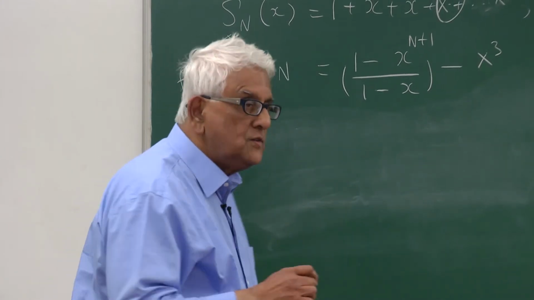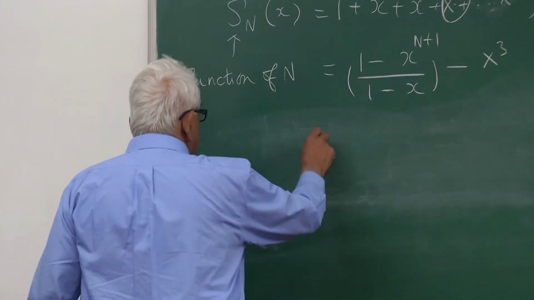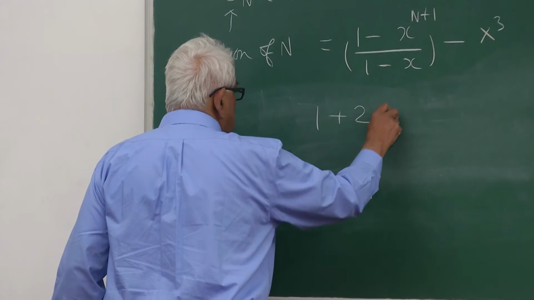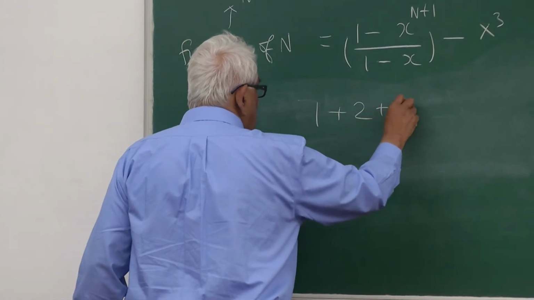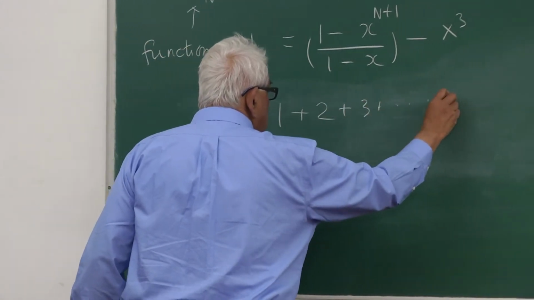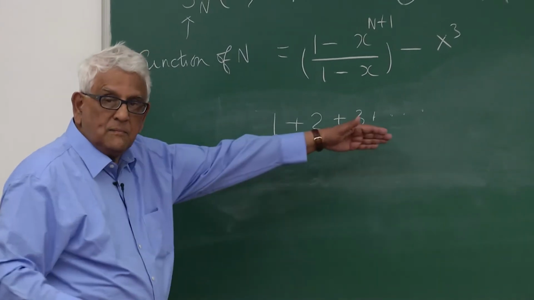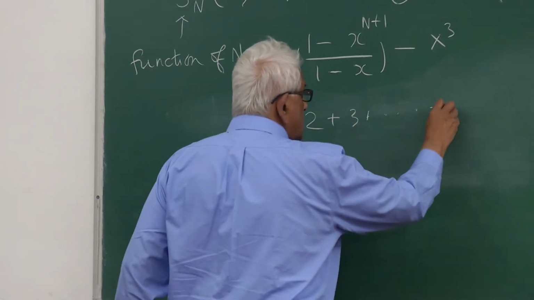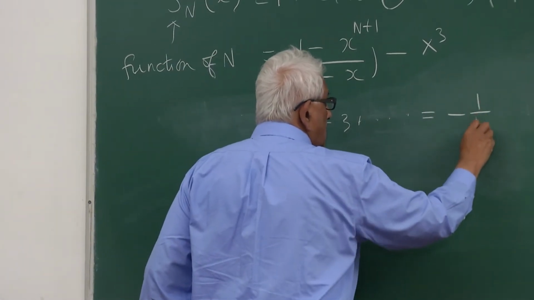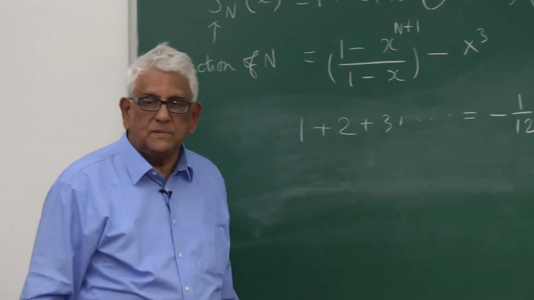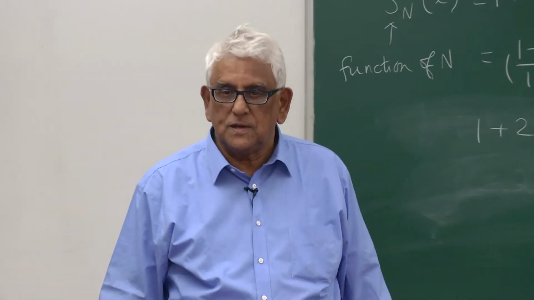In the letter, Ramanujan said that 1 plus 2 plus 3 plus an infinite number of these is equal to, I think it was maybe minus 1/6, you see.